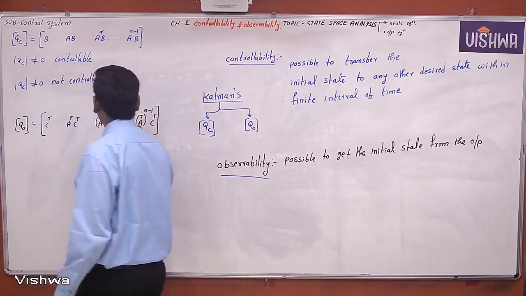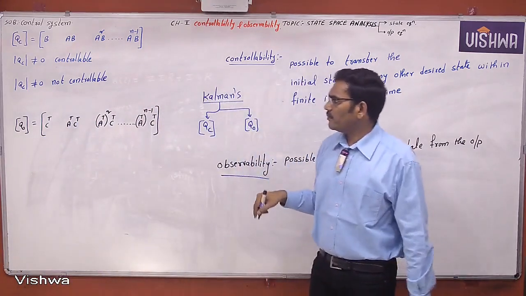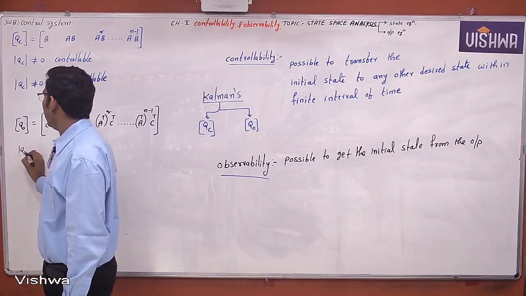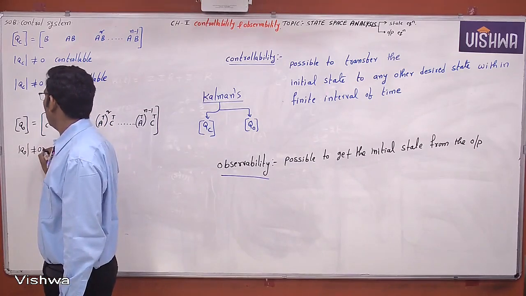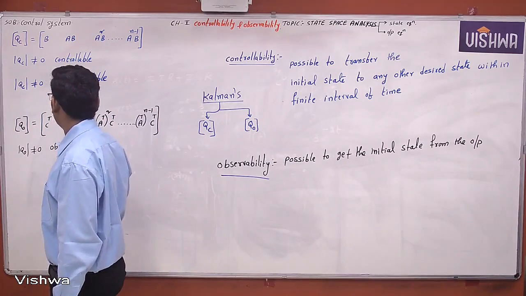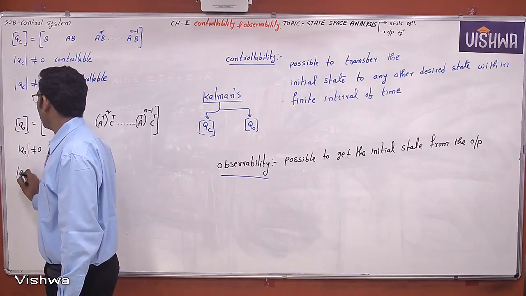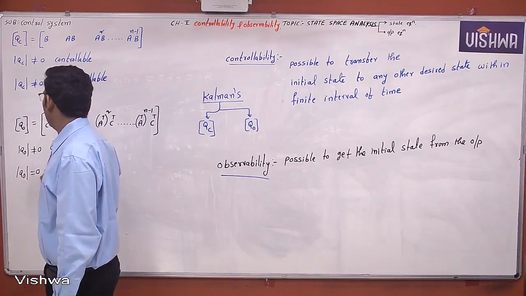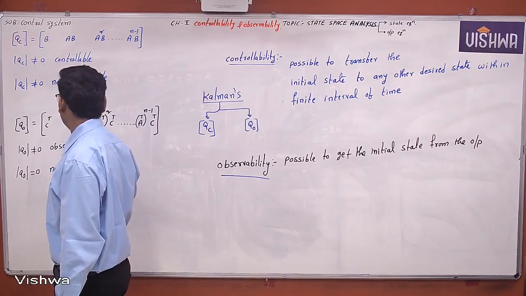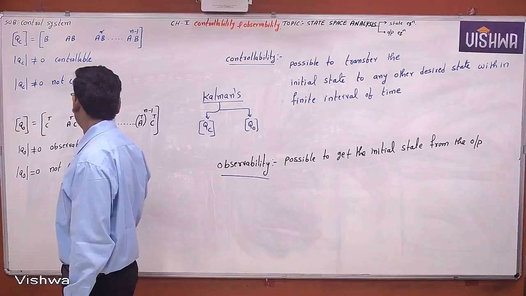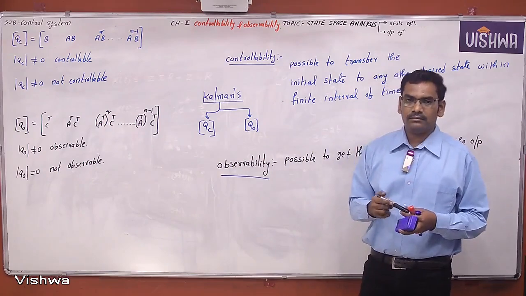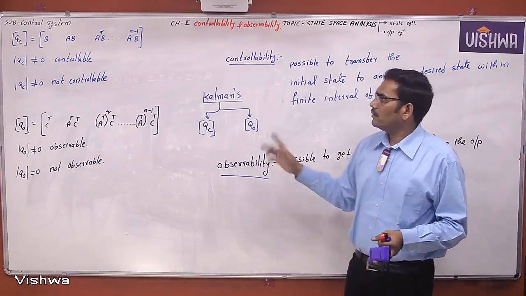Here n is the same, the order of the A matrix or the number of state variables. If the observability matrix determinant is not equal to 0, then it is observable. If the observability matrix determinant is equal to 0, it is not observable. Clear or not? Okay, note this.